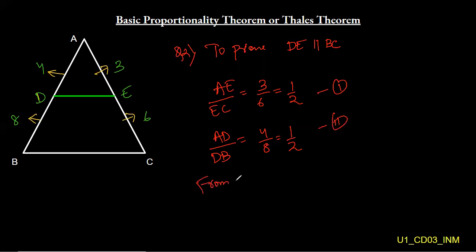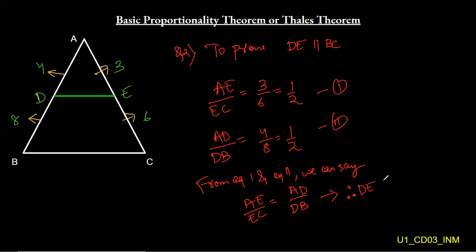From equation 1 and equation 2, we can say AE upon EC equals to AD upon DB. Now, from this we can say, hence DE is parallel to BC.